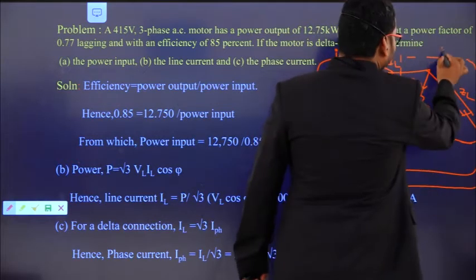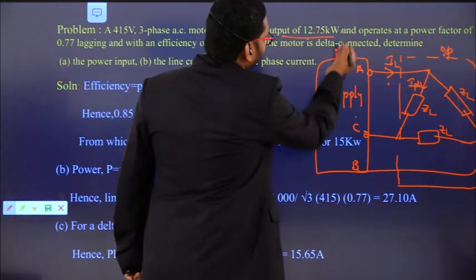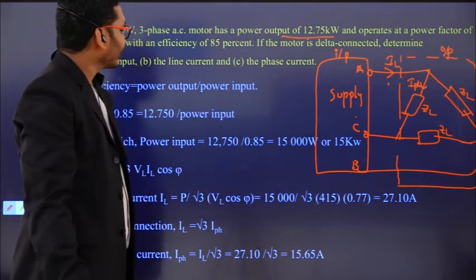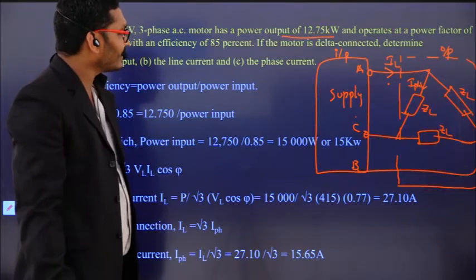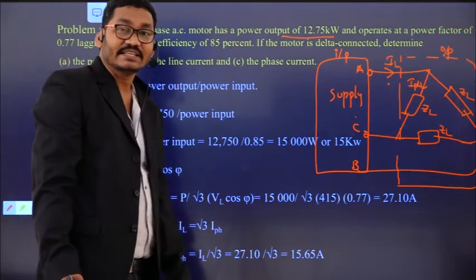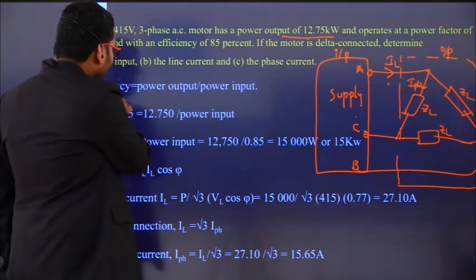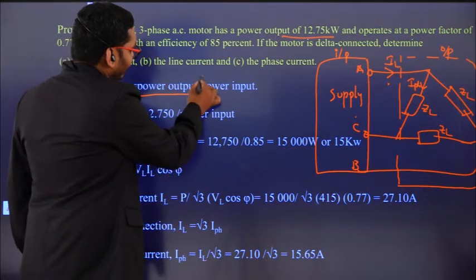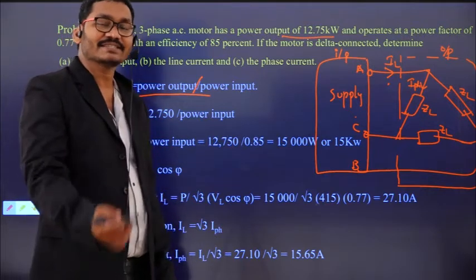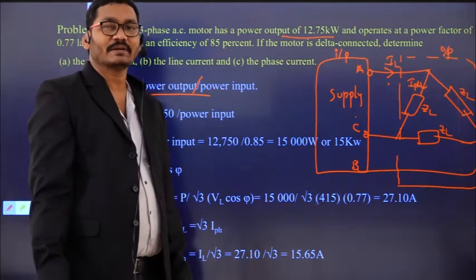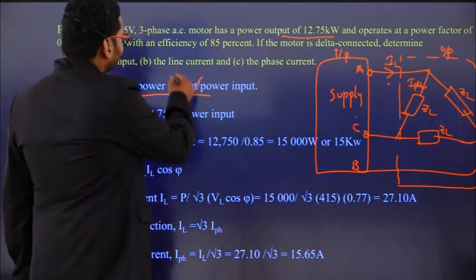He has given the output power: the power output is 12.75 kilowatts. How will you find the power input? He has also given the efficiency. The efficiency formula is efficiency equals power output by power input. If it is in percentage, you have to multiply by 100.